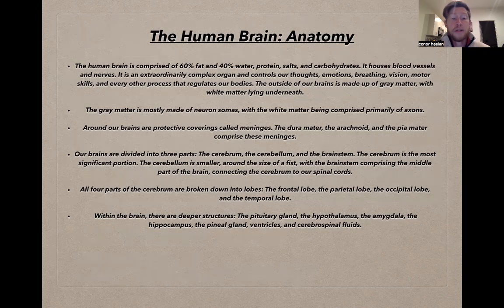Our brains are divided into three parts: the cerebrum, the cerebellum, and the brainstem. The cerebrum is the most significant portion. It's much larger than the other two. The cerebellum is smaller. It's around the size of a fist, while the brainstem comprises the middle part of the brain and connects the cerebrum to our spinal cords.